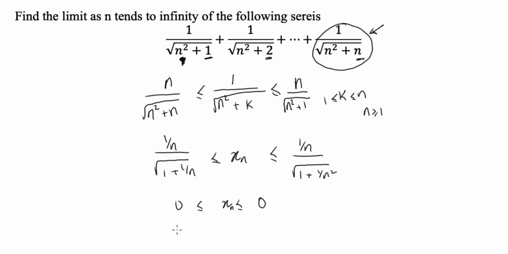So we can conclude by the sandwich theorem that xn tends to 0 as n tends to infinity, because it's bounded by two sequences which also tend to 0.